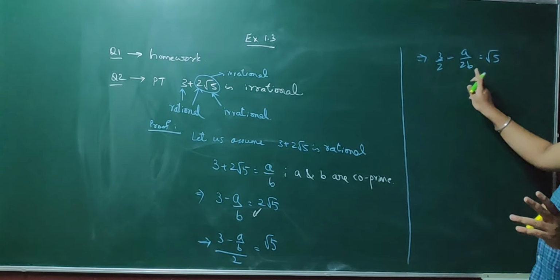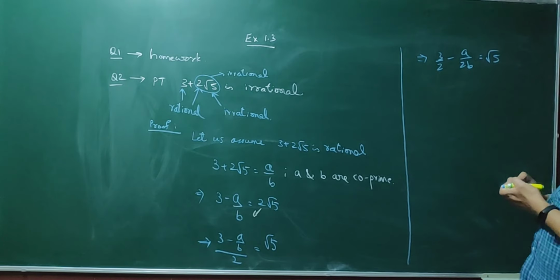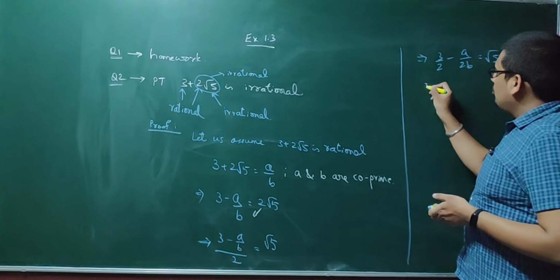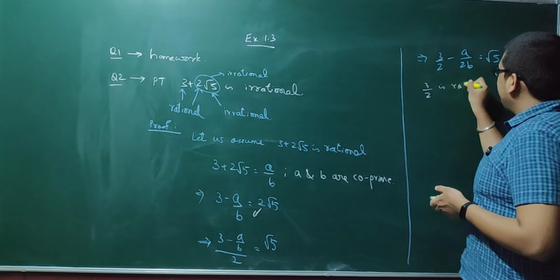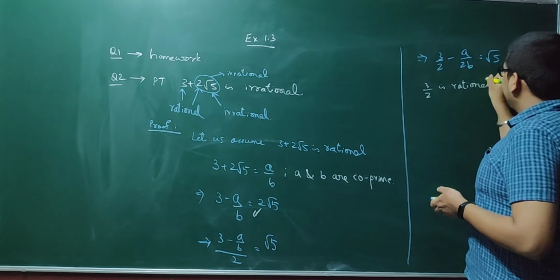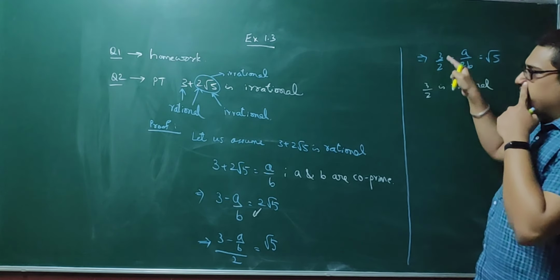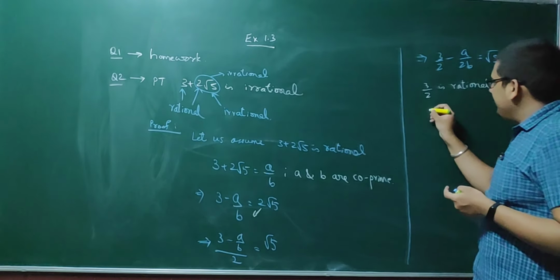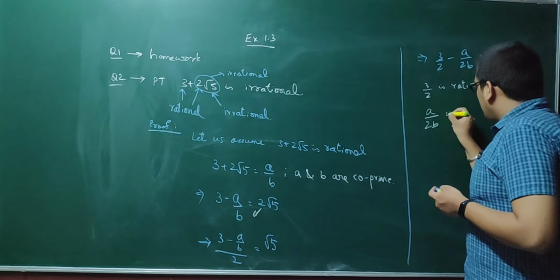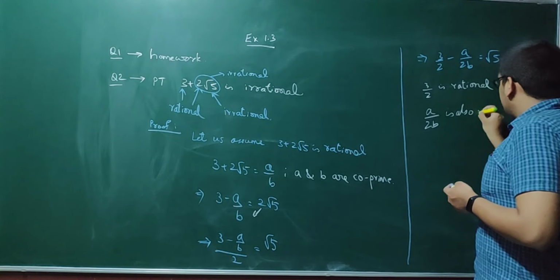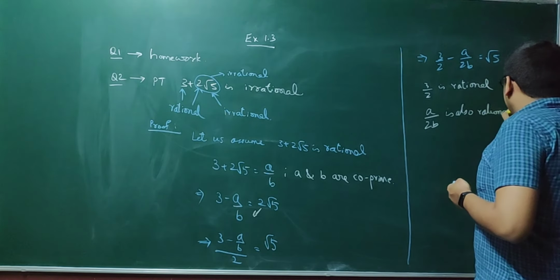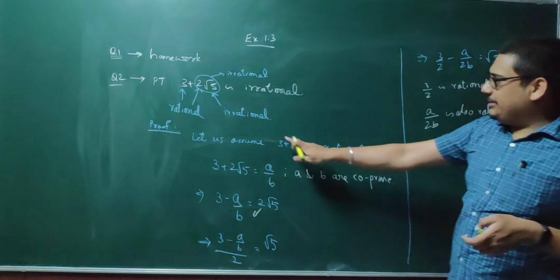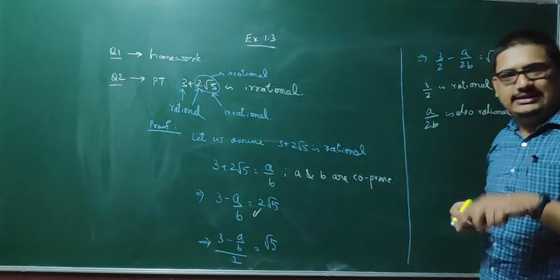So 3 by 2 minus a by 2b. Now you can say that 3 by 2 is rational. Correct? Why rational? Because it is expressed in the form of p by q, where both 3 and 2 are rational numbers or integers. Similarly, a by 2b is also rational. Why is a by 2b also rational? Because we have assumed that a and b are co-prime numbers. Co-prime numbers means they are also integers.